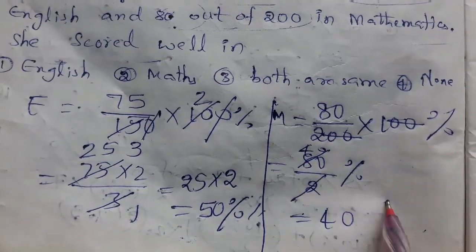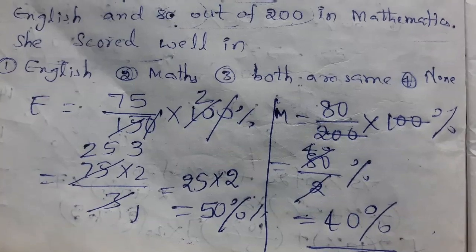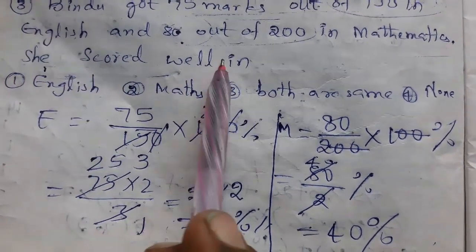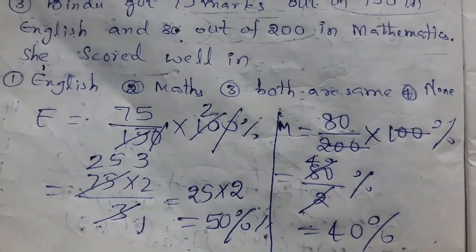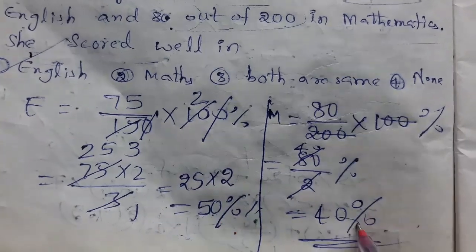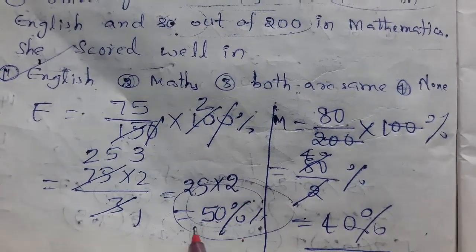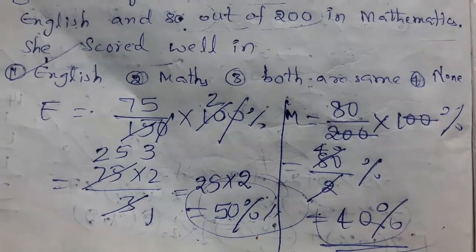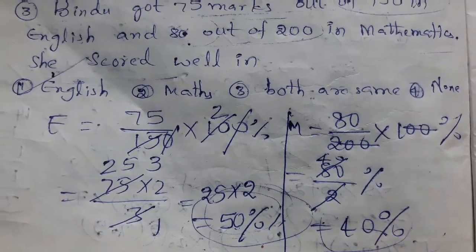That means in mathematics she got 40%, in English she got 50%. So she scored well in English, because compared to these two percentages, English is the higher percent than maths. So this is the answer of the given question.